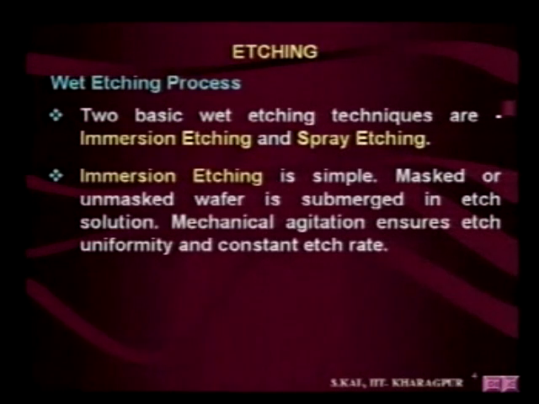Immersion etching is very simple. What do you do in immersion etching? In immersion etching, the batch of wafers are put in a container which is filled with etching solution. The complete batch is immersed into the etching solution in a container.